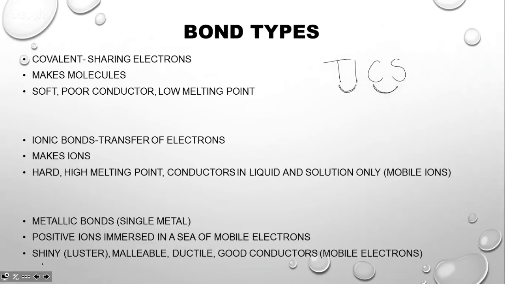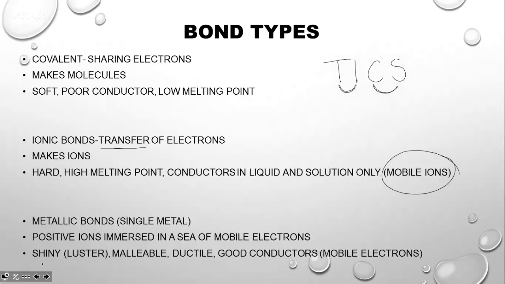You only have a molecular substance if you have covalent bonding. Covalent substances are soft, they are poor conductors, and they have low melting points. Ionic bonding, again, is this transfer of electrons making ions. They are hard, they have high melting points, and they conduct in liquid and solution only, because that's when the ions can move. Remember, we need mobile charged particles in order to conduct electricity.